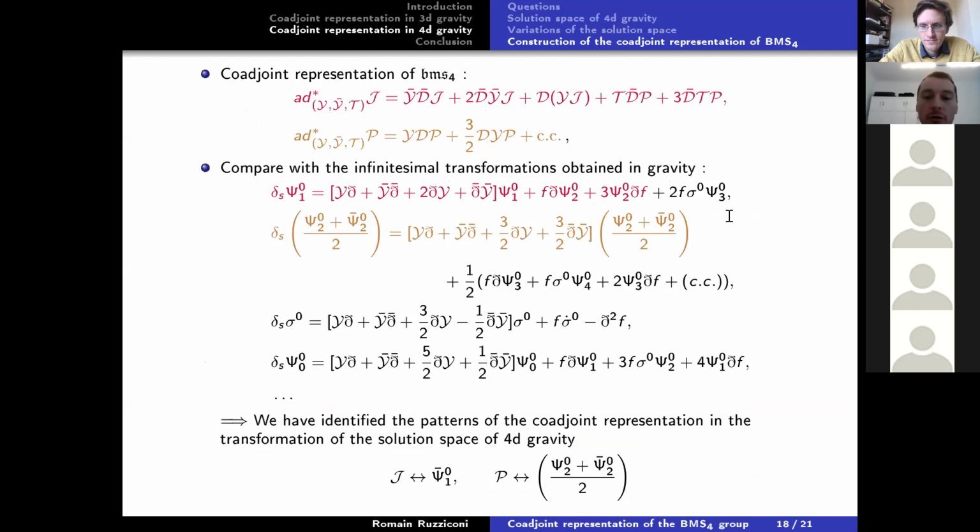For example, we know that we have some Schwarzschild derivative appearing for the superrotations and so on. But I don't know if we have to talk in terms of representation, because it's non-linear actually. So I don't know if we have to think about representation or just action of the BMS group on the solution space. So it's more an action that involves some patterns of the coadjoint representation. Okay.